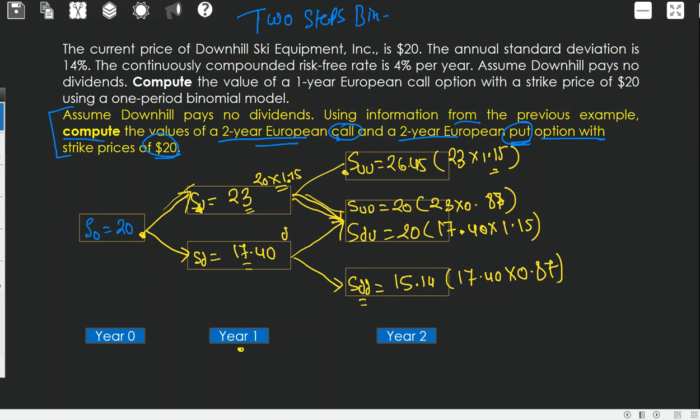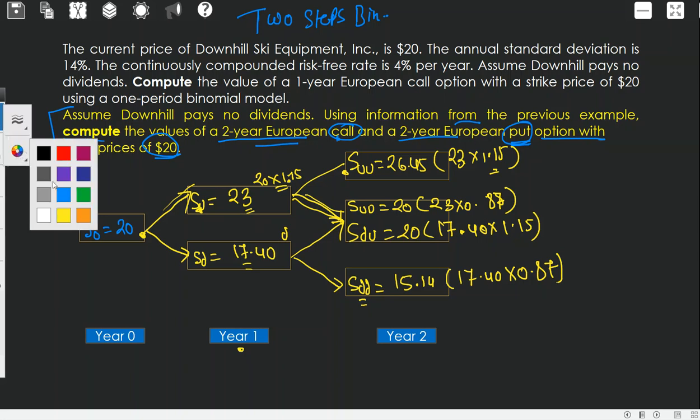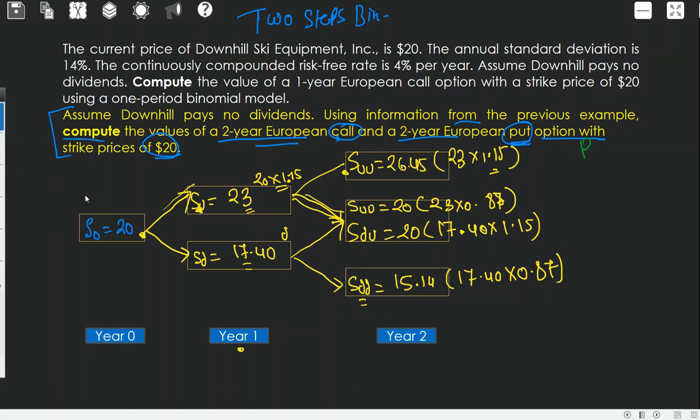Now we will calculate the payoff. What is the payoff? In the first case, SUU: our strike price is 20 and SUU is 26.45, so SUU will give me a payoff of 6.45.